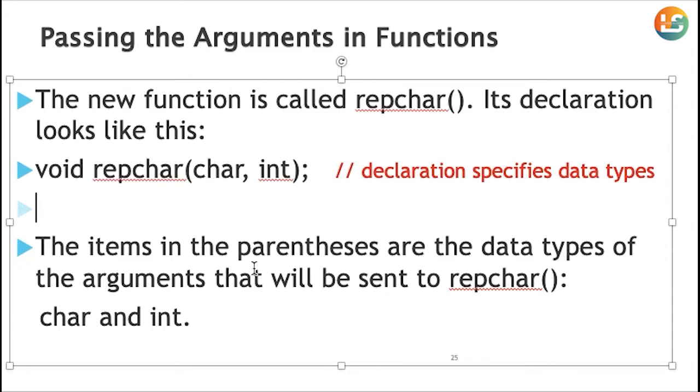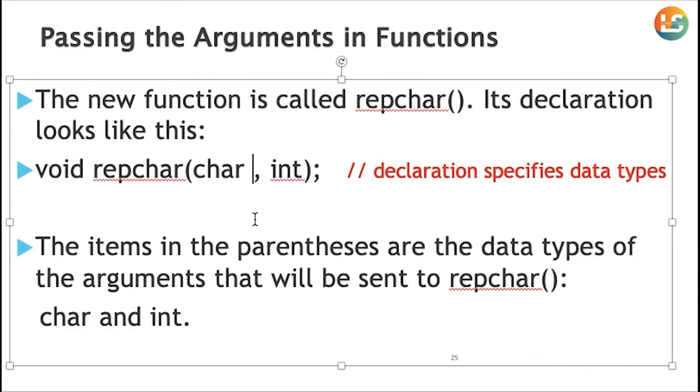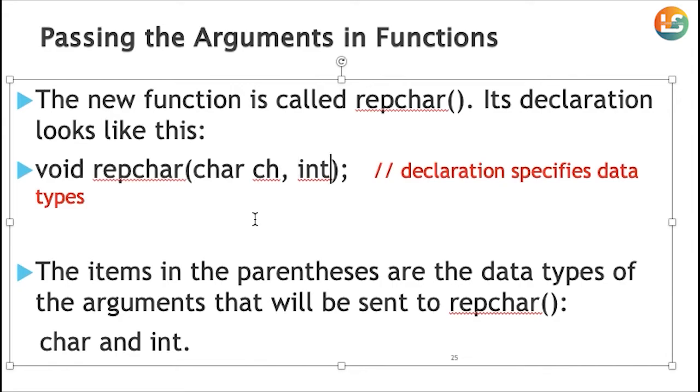You don't need to define the variable here, or if you want you can define your variable here as well, that character ch or int n. It's up to you whether you want to add the variable names in the declaration or not. It is your choice. The items in the parentheses are the data types of the arguments that will be sent to repchar, that is character and integer.